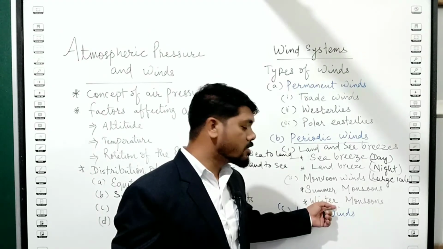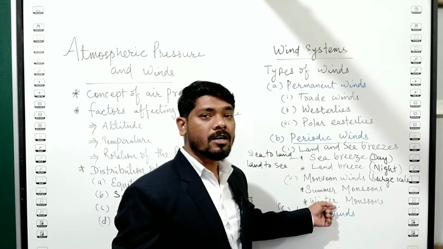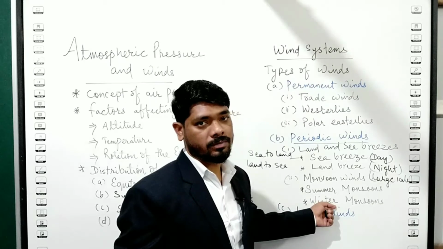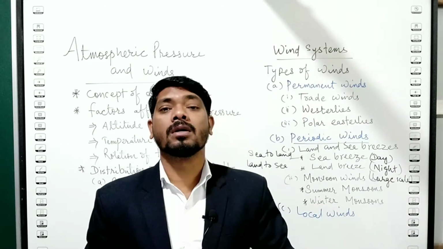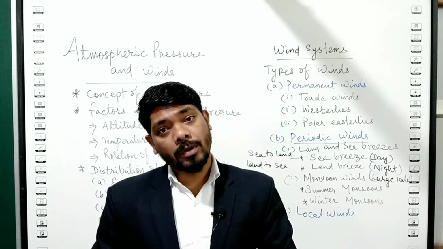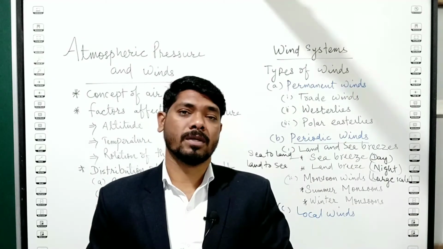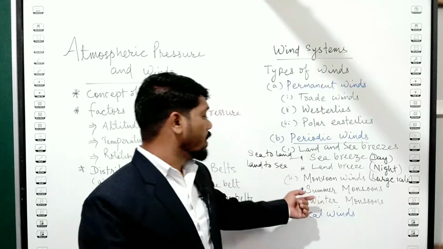When winter season is there, the interior part of Asia will have high pressure. As we know, the wind blows from high pressure towards low pressure. Now the low pressure is in the southern hemisphere. So what happens?